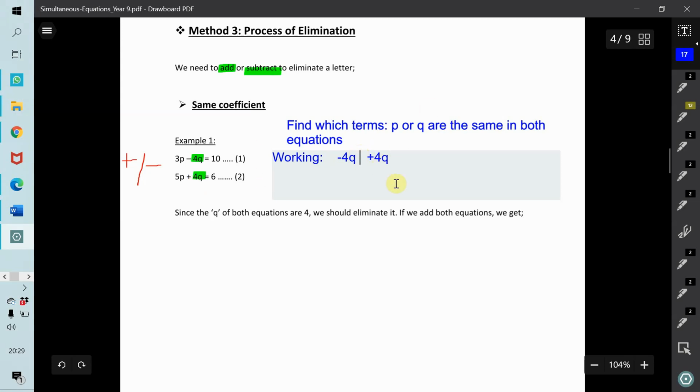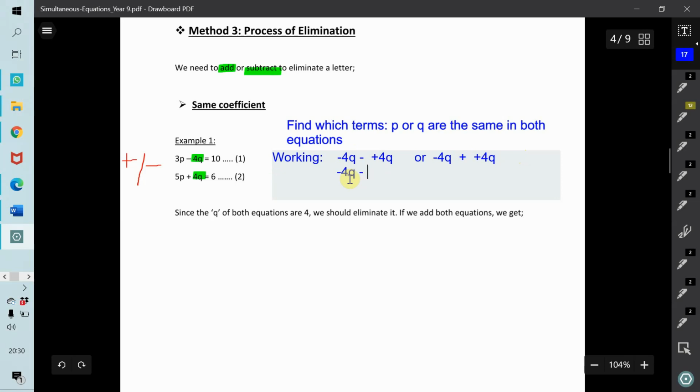And we're going to try out, let's put a minus between them. We have to do the same thing, minus 4Q and plus 4Q, but instead of a minus like we did here, we're going to put a plus, and we're going to see what happens. Now, a minus and a plus together, like I have here, minus and plus, make a minus.